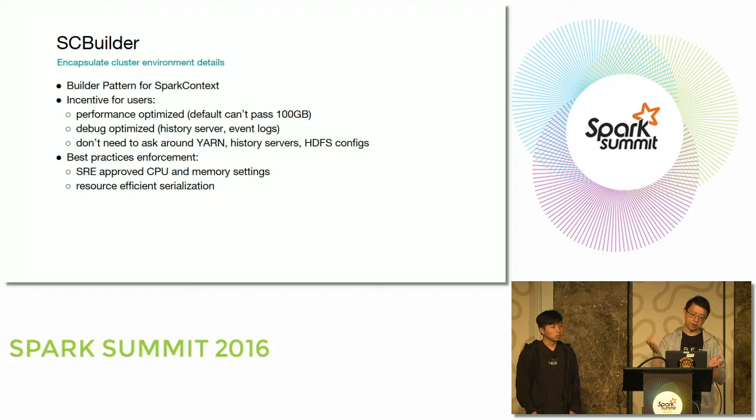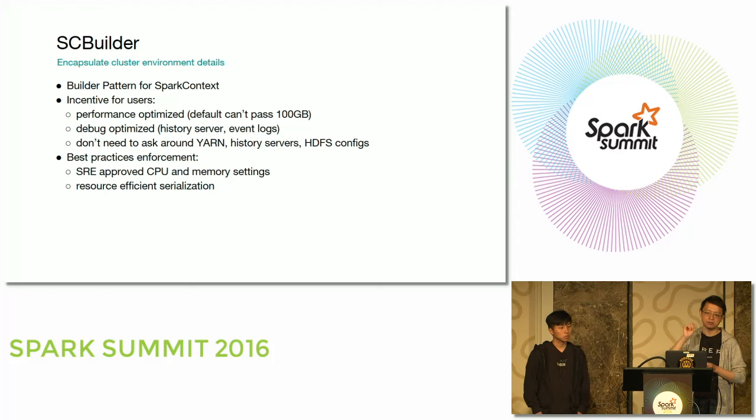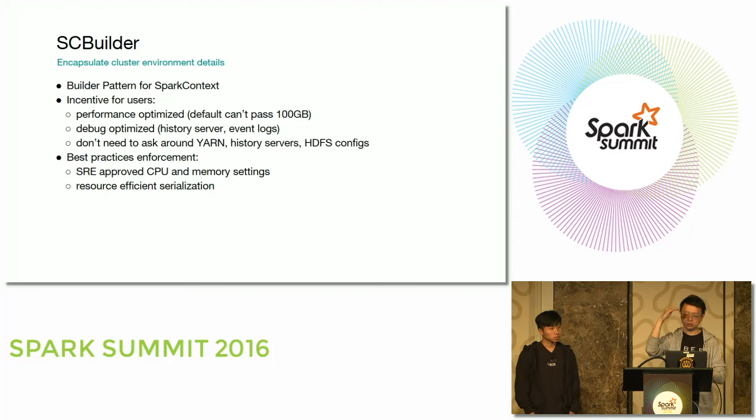For example, where's the host of the YARN resource manager, the port, the history server, all those things. The engineers don't need to individually set the configuration one by one. They just call this single API, and then they get an optimized Spark context already. At the same time, we want to enforce some best practices using this API from the SRE point of view.